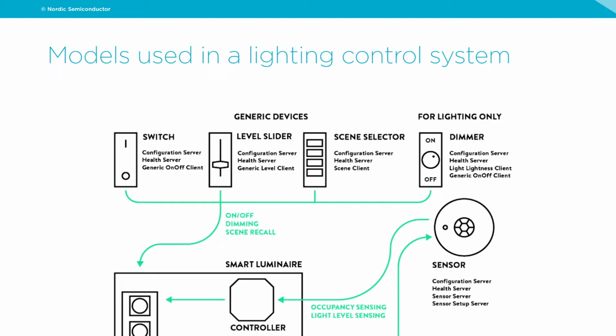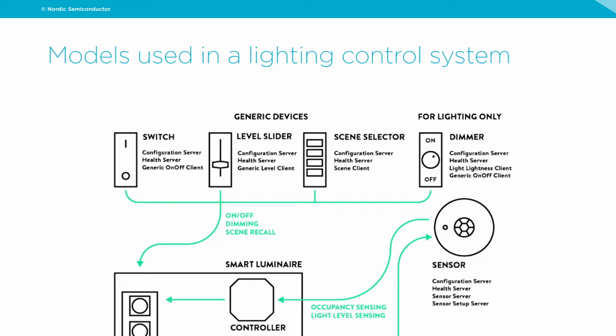Generic on-off is a product that allows you to switch the lights on and off. You can also implement a slider that uses the generic level client and server, which can be used for dimming. Or if you get more advanced, and this is where you start seeing the value of a wireless solution instead of just interrupting the power line, you can have a scene selector.